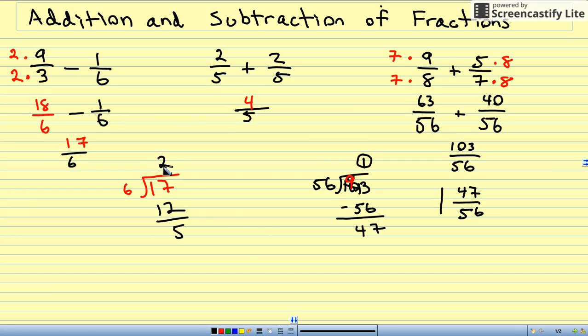Remainder's 5. So again, you're going to take this 2, that goes on the outside of the fraction. And I've got the remainder of 5. So it's 2 and 5/6. Again, that's a lousy looking 6, isn't it? If you haven't noticed, my handwriting's atrocious. Not much I can do about it.